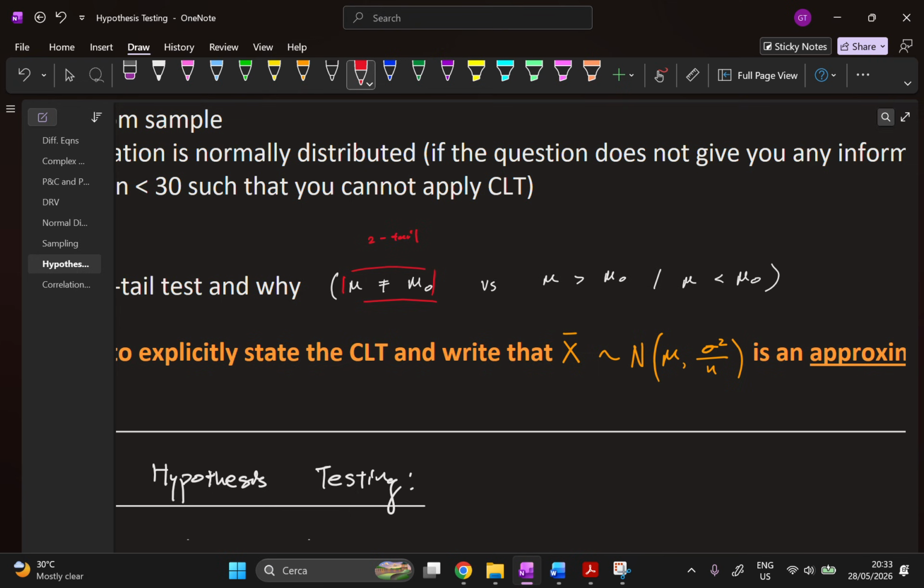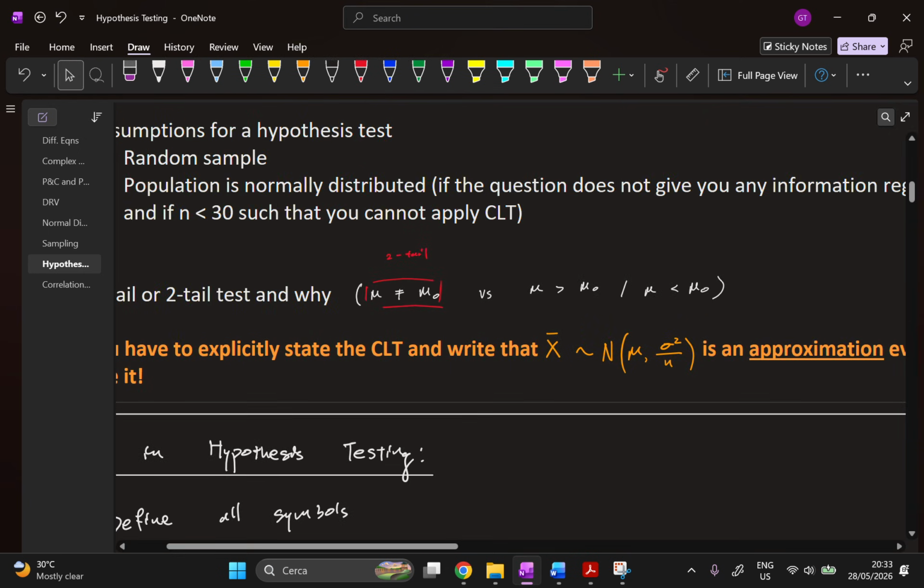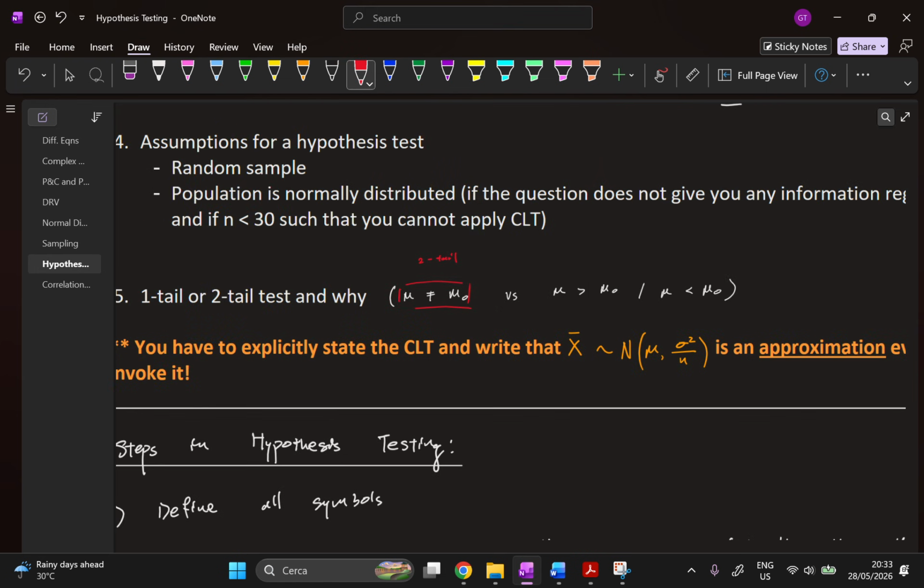So I know that it differs from, or rather I predict, I hypothesize that the true population mean differs somehow from the hypothesized mean. I'm not sure in what direction it differs. So that's why it's a two-tailed test, because there are two directions in which it can differ. On the other hand, for a one-tailed test, I am very clear whether it's right-tailed or left-tailed, it will be given in the question.